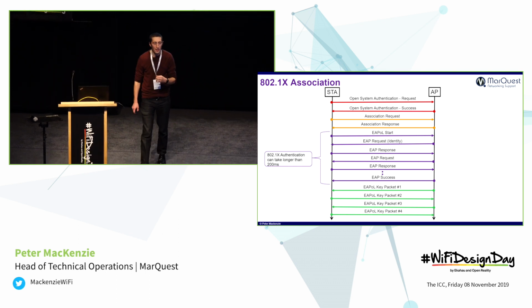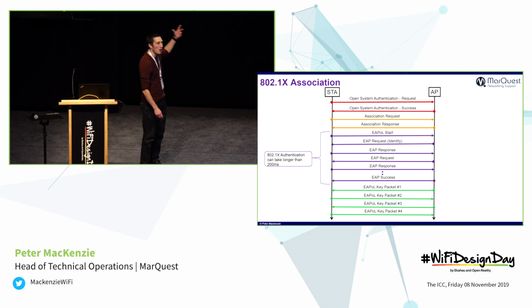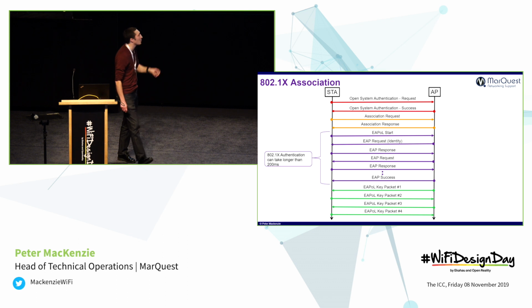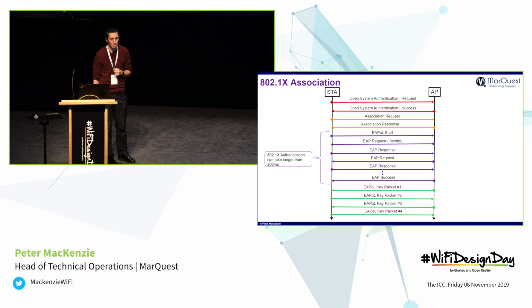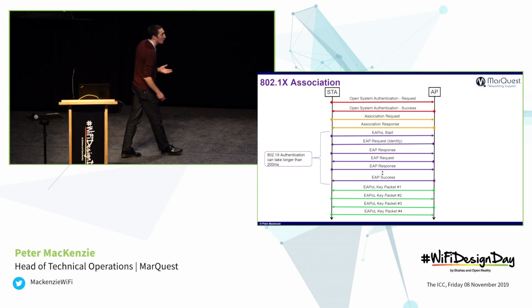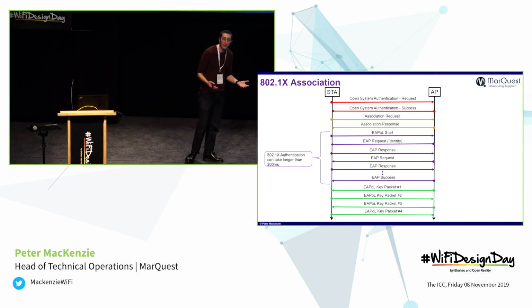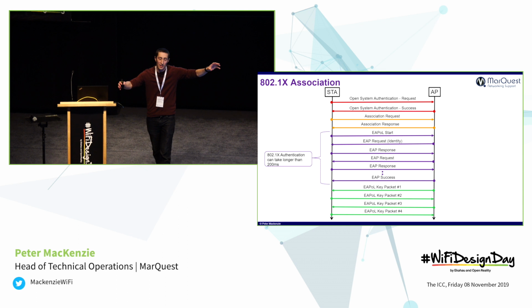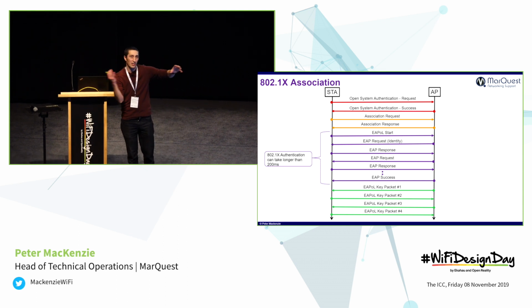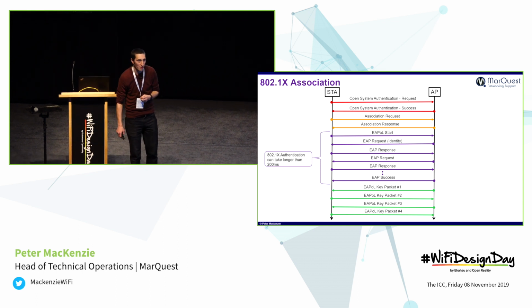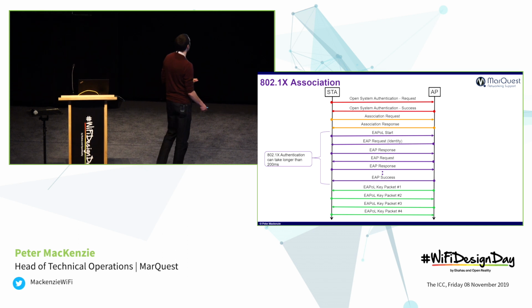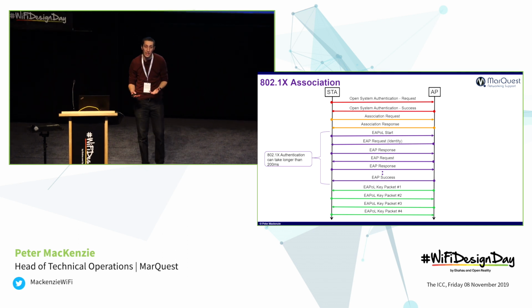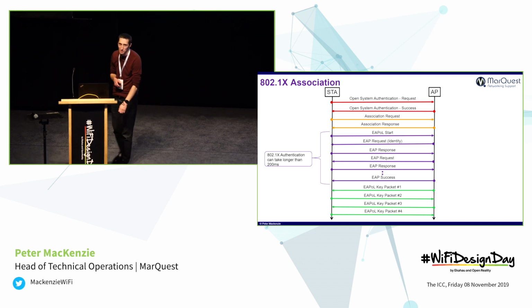One of the issues with this process is it can take quite some time, particularly the 802.1x part. Depending on where your RADIUS server is, it could be at a centralized location, you're at a remote site, you may be doing that 802.1x over a WAN connection. So it can easily take 200 milliseconds or longer to do an 802.1x authentication onto the network.